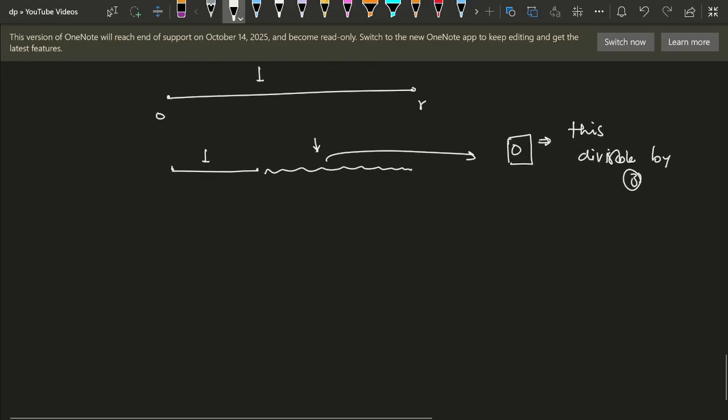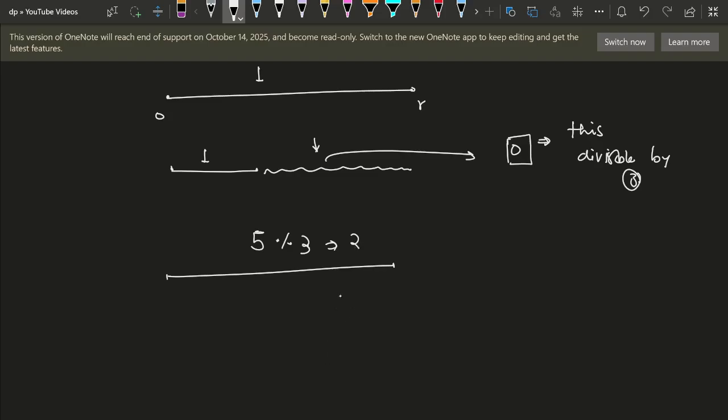I will try to show you one or two more examples. So let's say the subarray sum from this position to this position is 5, and the subarray sum from this position to this position is 5. If we take modulo 3, the remainder is 2. So what we are interested in finding is whether there exists a subarray which gives the remainder of 2 when we divide it by 3.